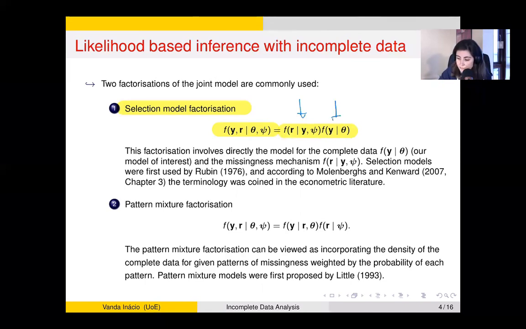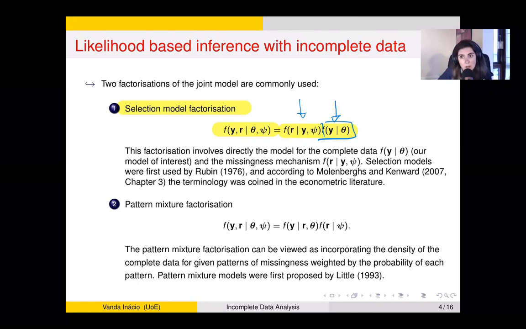And this quantity f of y given theta is our model of interest, the model that we would have used in case we had no missing values. And so these factorizations involve two quantities that are familiar to us, and also our quantity of interest in case we had no missing data, this part here. And these are called selection models, and the name comes from the econometric literature.